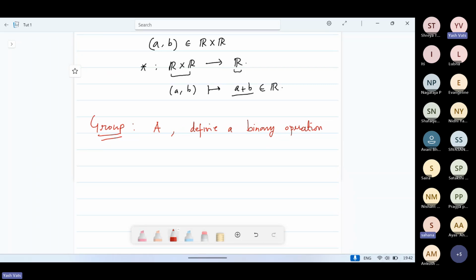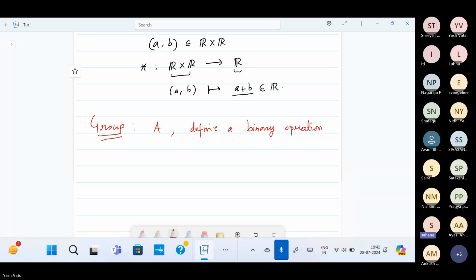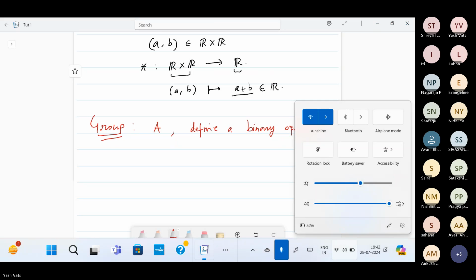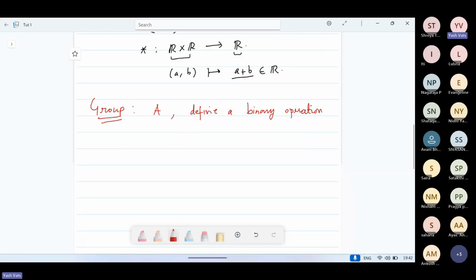Let me see, the volume is down, I think. Yes. Define a binary operation, say star from A cross A to A. And how does this binary operation work?